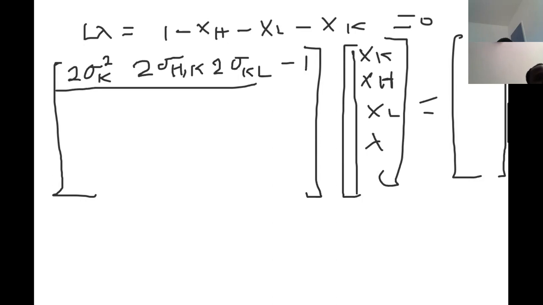Plus 2 covariance of H and K multiplied by SH will also give me the same thing back, like we had in the equation, plus now times 2 XL, this will give the same thing back, -1 times lambda will give minus lambda. Please, up to this point, is it okay? If there's something you don't understand, ask me from here.